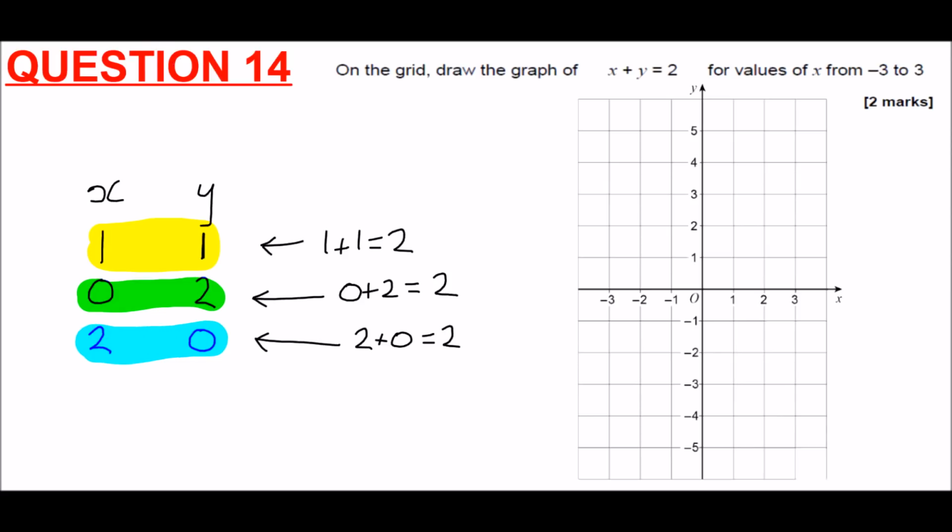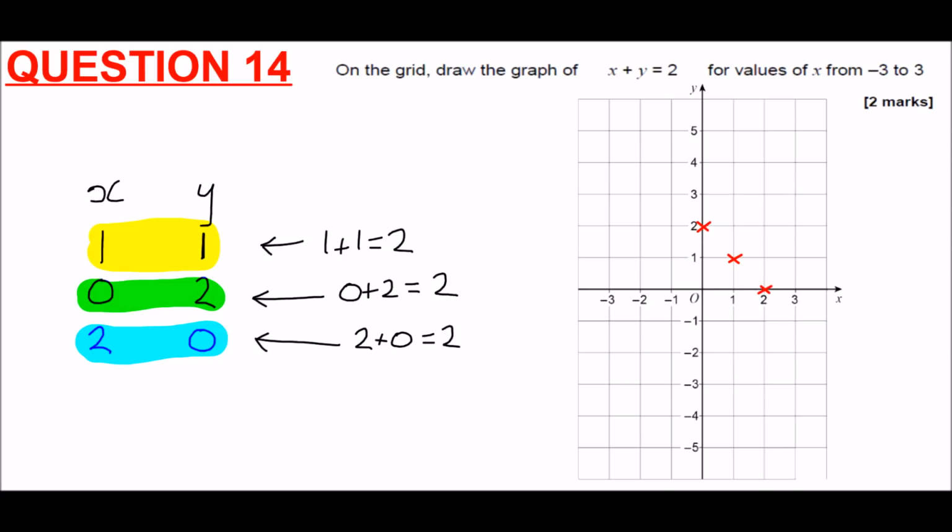And so if we draw these points on our graph, x1, y1 would be this point here. X is 0, y is 2 would be this point here. And the final one, when x is 2, y is 0, would be this point down here on the x-axis.